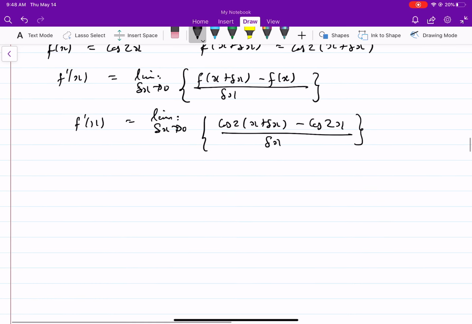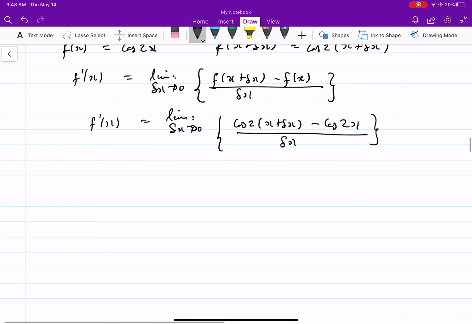We're going to do something similar. We're going to massage my numerator, which is the difference of two cos expressions, and we're going to rewrite that as a product. Let's remind ourselves what cos p minus cos q looks like.